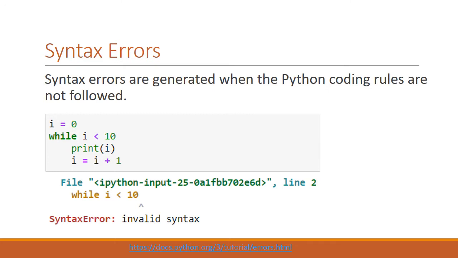And the error messages are really quite informative. It tells you that the error is on line 2. It tells you it's part of the while statement, and it actually even points. You see that caret that points to where the syntax error occurred. There's a syntax error in this code because we neglected to put the colon after the 10.